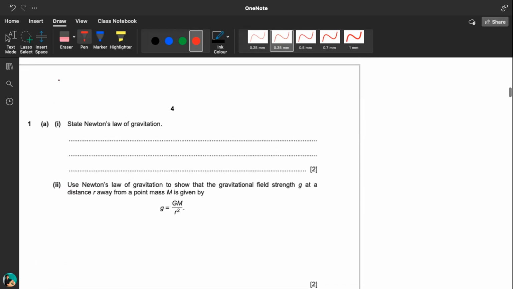Law of gravitation. So we have F equals GMm over R squared. So you say 2 marks, right? So F is proportional to M1 M2, and F is inversely proportional to the square of the distance.